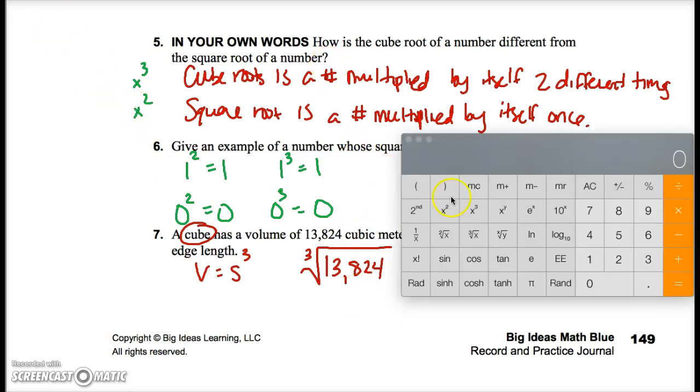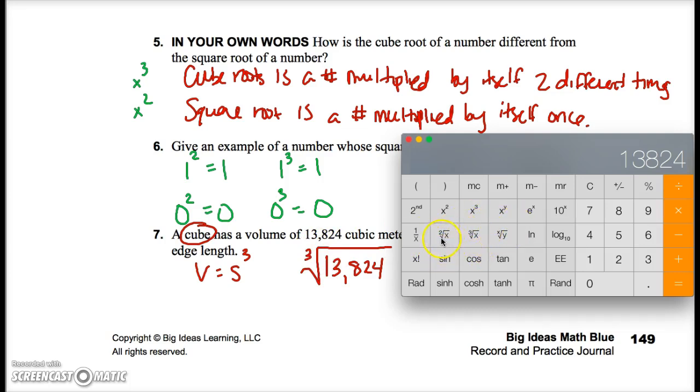Now what I've done is I've pulled up the calculator that's on your computer. Okay, and notice mine is in scientific calculator mode. It's not the standard. So you have to have it in scientific calculator mode. And the way we're going to do this is first you have to type in this number, 13,824. And we want the cube root. So I'm looking for this symbol right here with the little 3, and it happens to be this one right here.